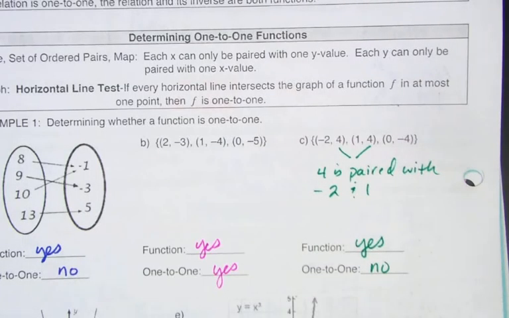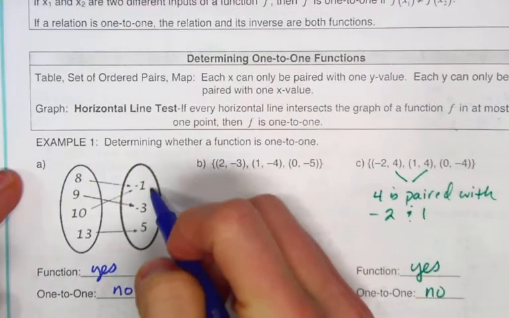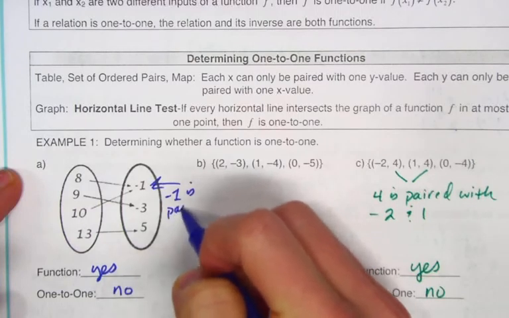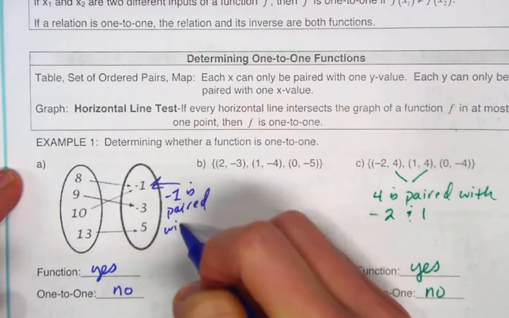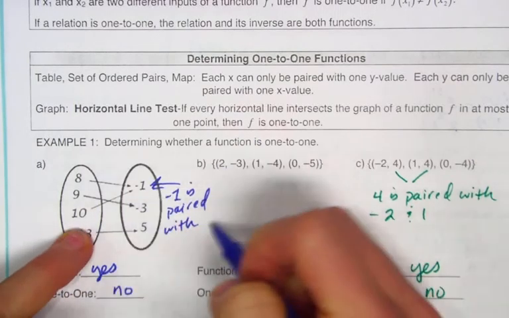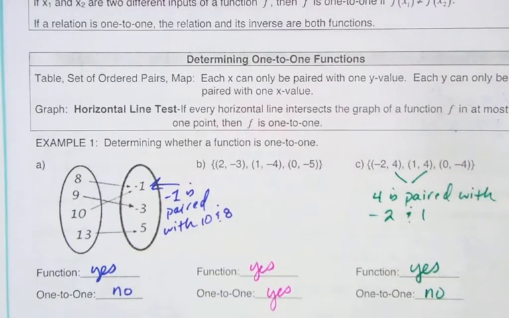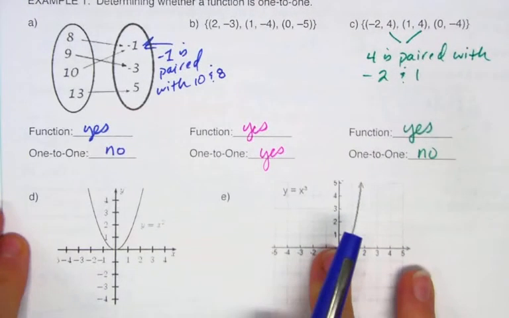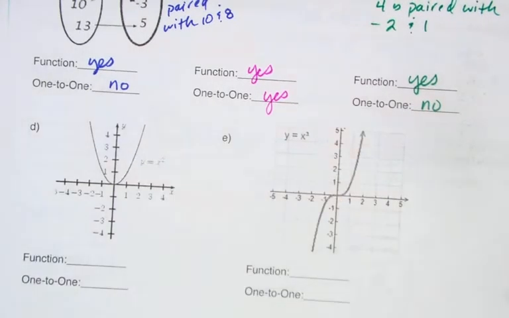And then over here we should probably state -1 is paired with 10 and 8. Okay. For D, is this a function? Yes.